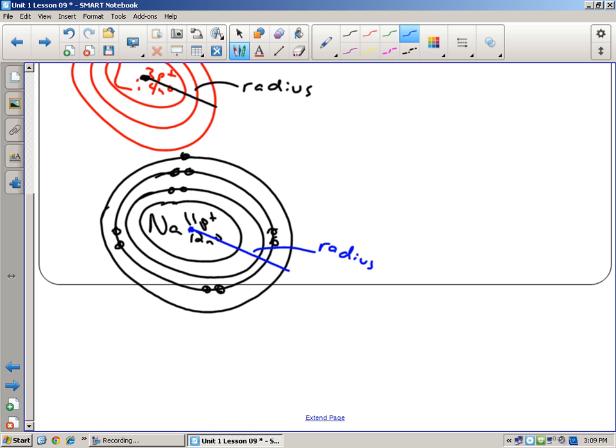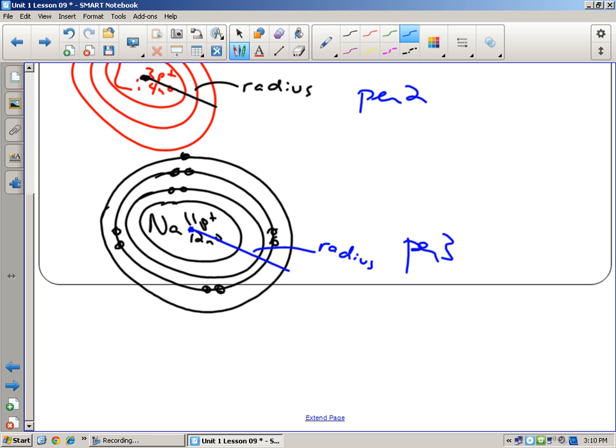Or sodium is going to be a larger atom, okay, than the lithium is. It's always going to be like that. And we're not comparing the same thing anymore. Okay, we're comparing something that's in period 2 here to period 3.